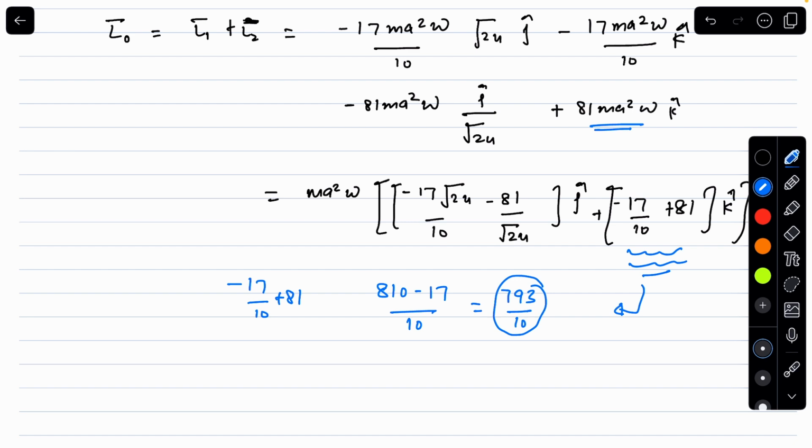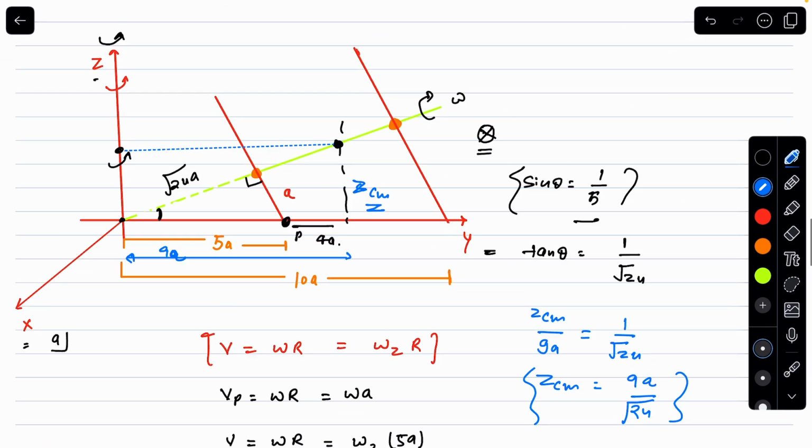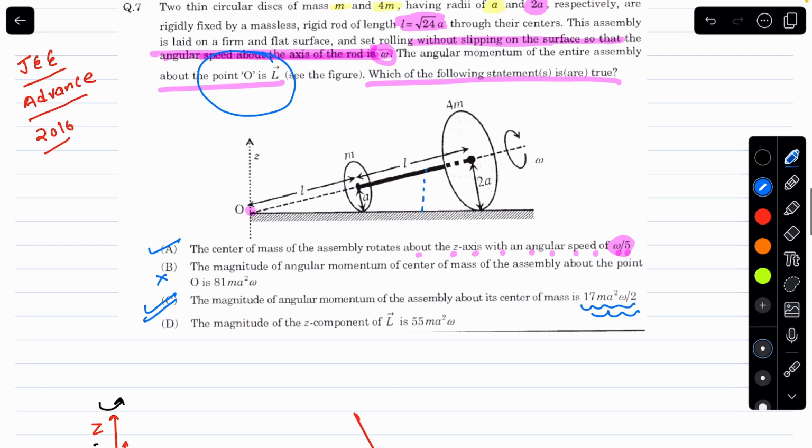Of course omega here is just omega, not the omega vector. So the L along the z axis about the point O is 793 by 10 ma square omega, which is again 79.3, and here they have 55 ma square omega, so that is incorrect.